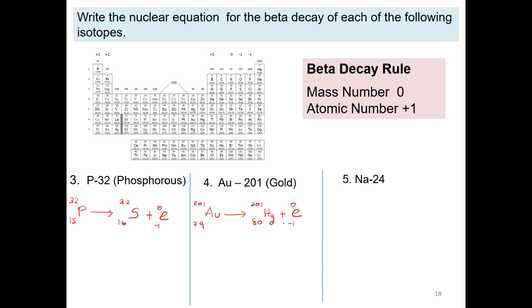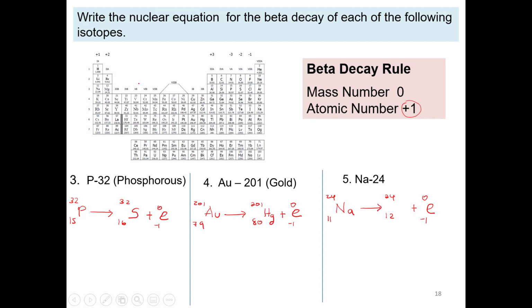Now let's go with the last one. We have sodium, and the mass number is 24. To know the atomic number, we check the periodic table, and it is 11. If the beta decay occurs, the new isotope will have the same mass number, but the atomic number will be increased by 1. We have 12 here, and we will also have the beta particle.